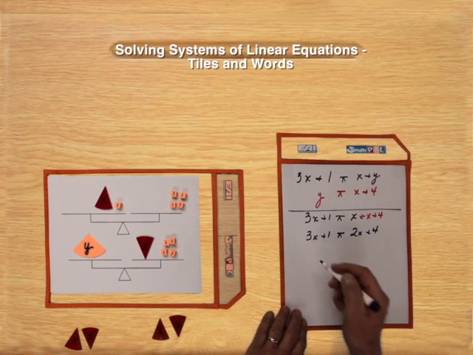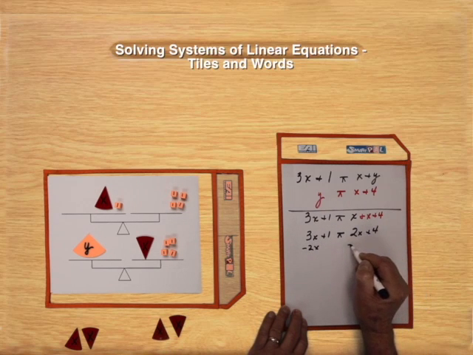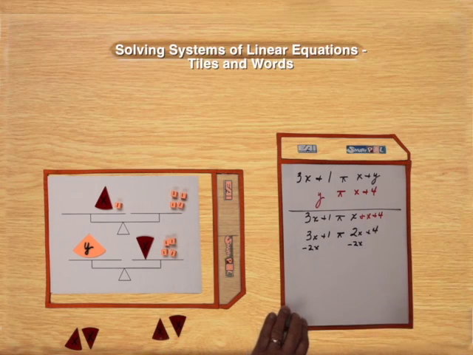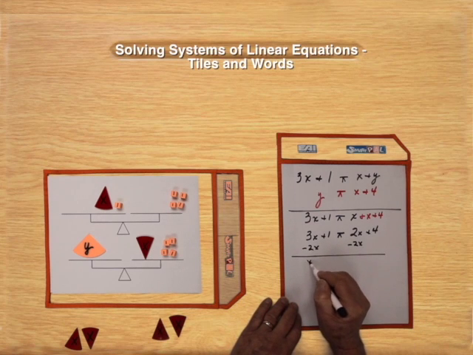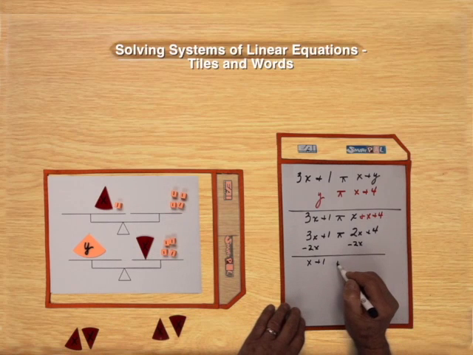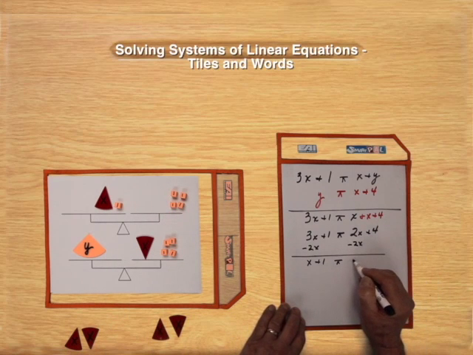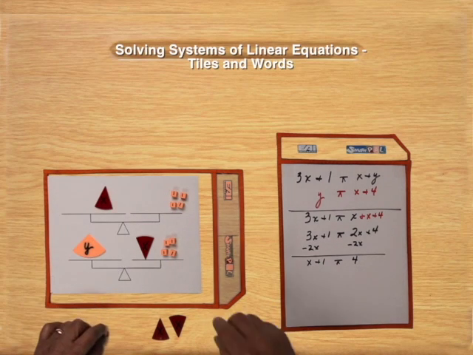And let's record that. We take 2 x's off the left side, and we take 2 x's off the right side. When we do that, we're left with x and 1 on the left side, and on the right side, that's balancing 4 1's. The next thing we can do is we take 1 off each side of the balance.